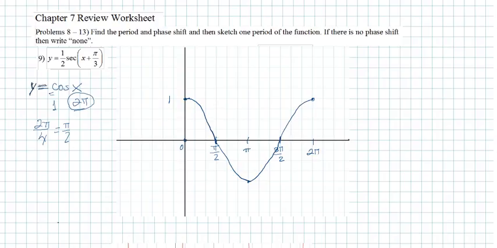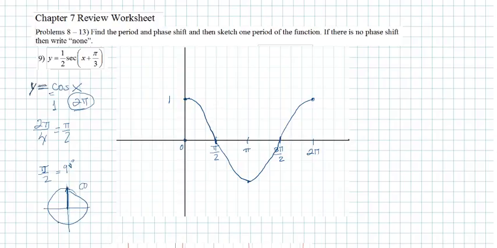Now, the secant function, if you know your cosine function, actually rides on top of it. But what happens is, remember, pi over 2 is 90 degrees. On your unit circle, pi over 2 is right here, so x equals 0.